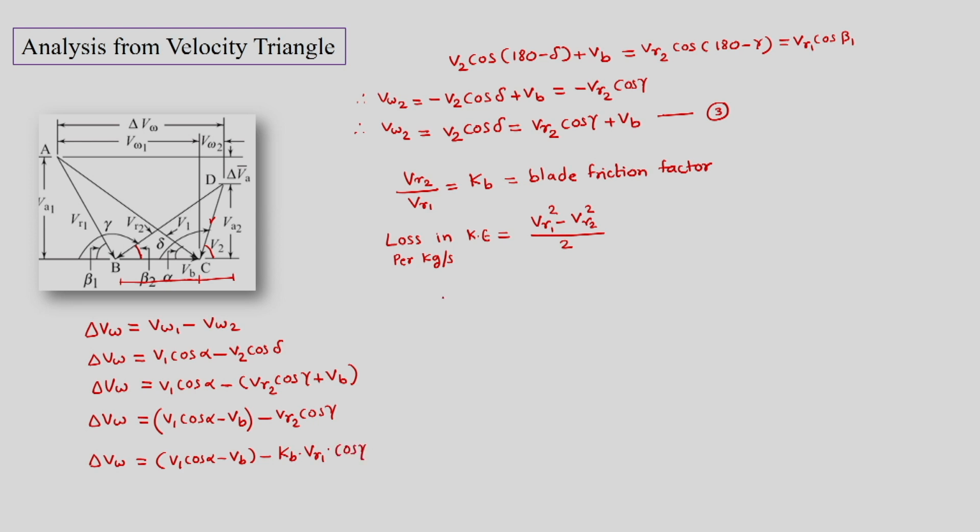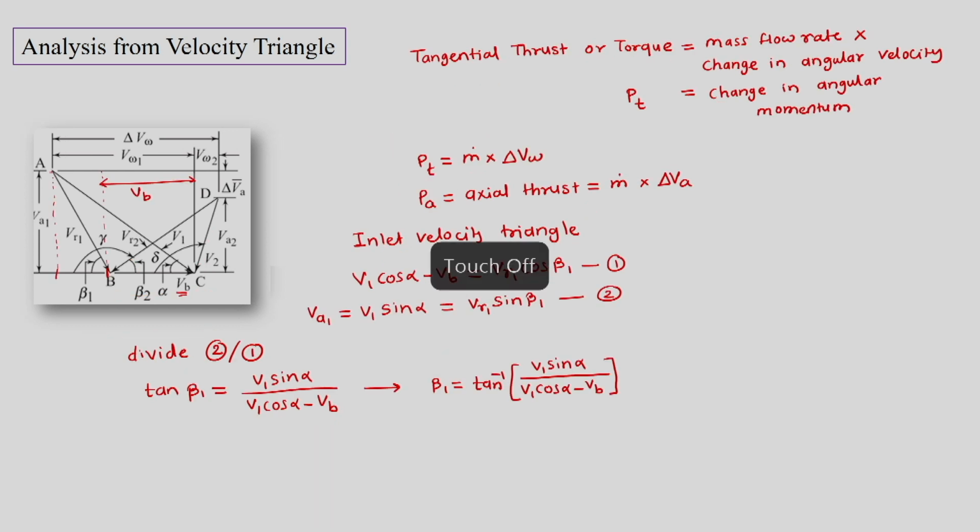We can write this further, since VR1 can be found out from equation number 1: VR1 is equal to V1 cos alpha minus Vb divided by cos of beta 1.